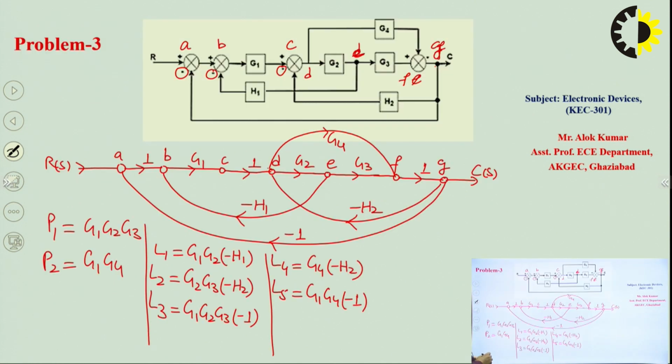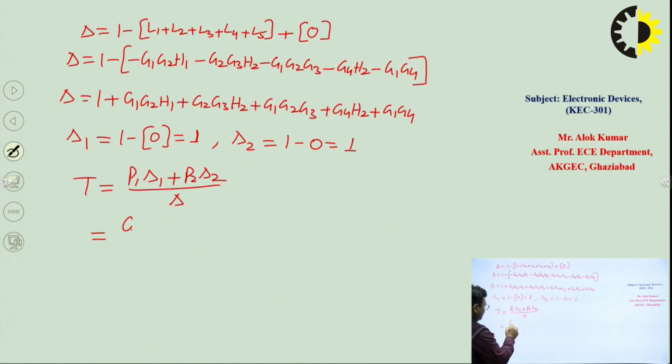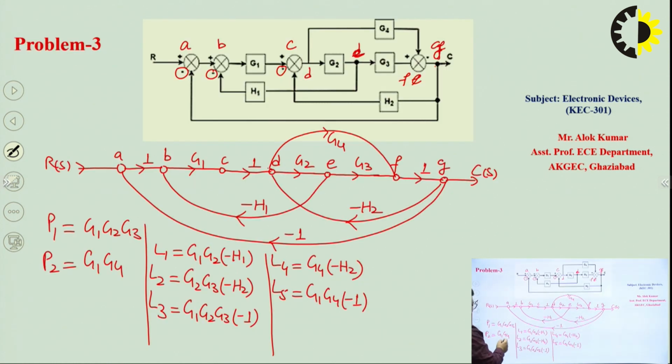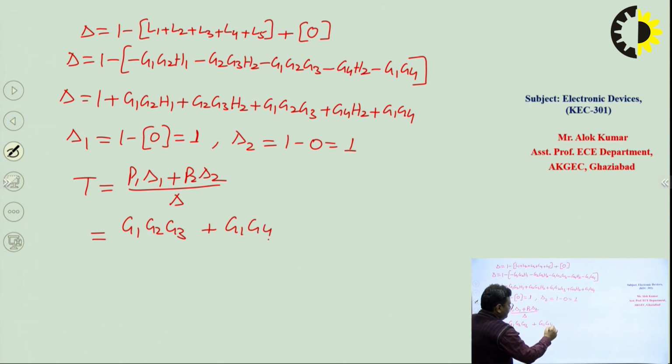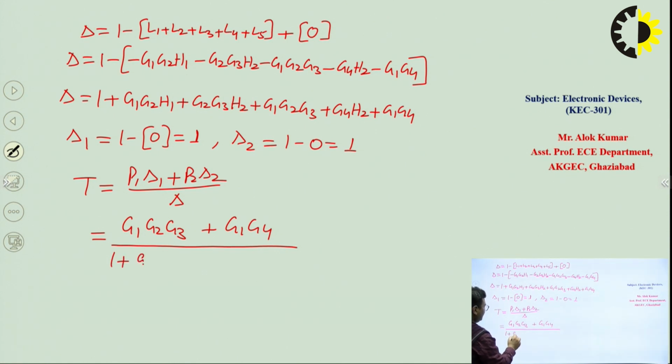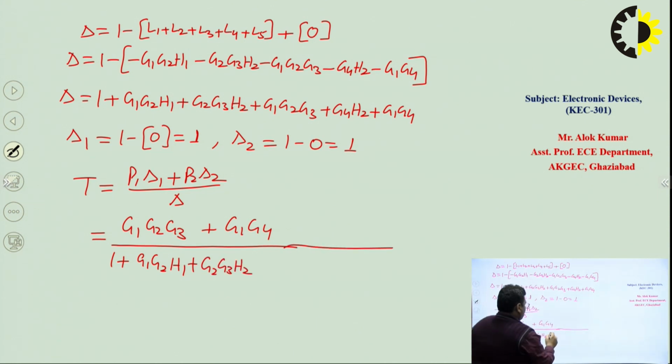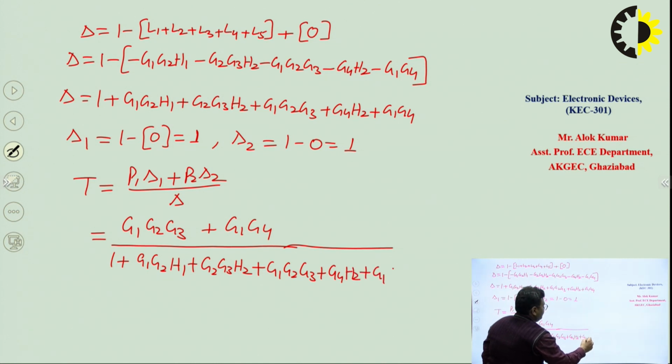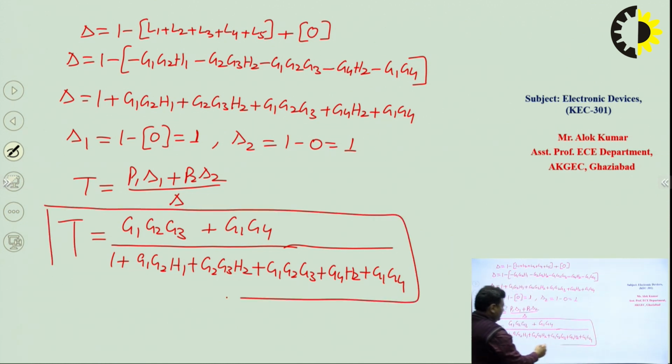P1 is G1 G2 G3, P2 is G1 G4, divided by the value of delta that is written here: 1 plus G1 G2 H1 plus G2 G3 H2 plus G1 G2 G3 plus G4 H2 plus G1 G4. This will be the transfer function of the given system.